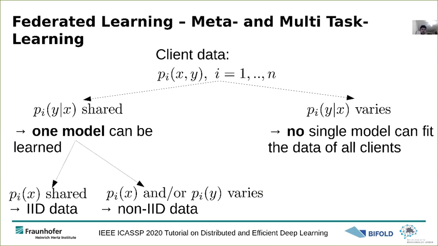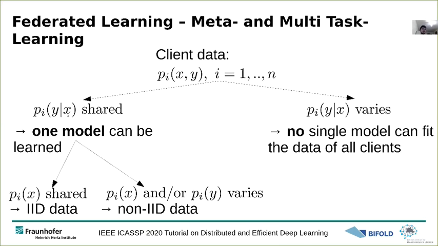So let me give an example. Say we have n clients, and these n clients have data that was sampled from n different distributions pi(x, y). Then two scenarios could hold. Either all of the clients share the conditional distribution pi(y given x).